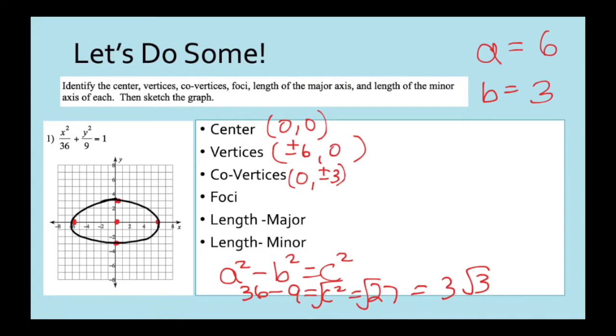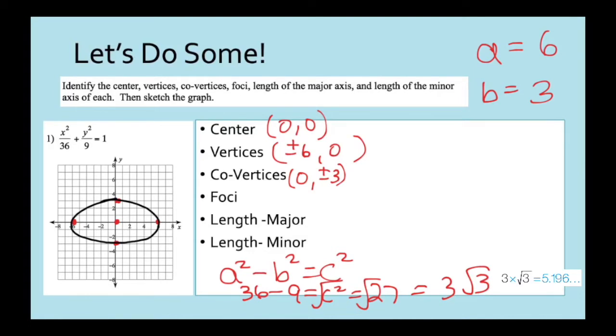When I do this, I need to use my calculator to find out the estimate of that. Let's do that together. You do it on your calculator and come back. All right, I got 3 times the square root of 3 to be about 5.2, and that's on the major axis. The foci are always on the major axis.